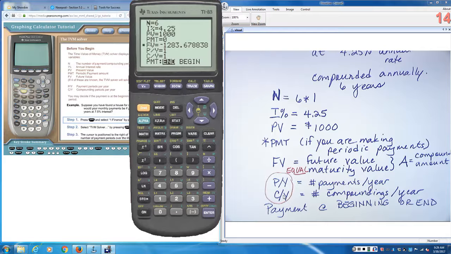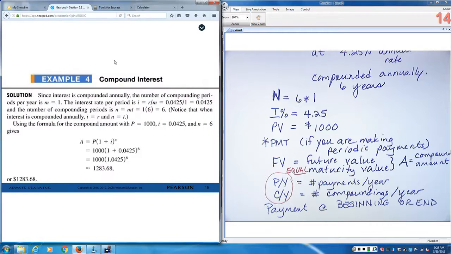Now, in this particular problem, that's not a really big deal because when we actually did the problem on Nearpod, it wasn't a big deal to substitute in those numbers. But the problems we're going to have for annuities and annuities due and mortgages and that kind of thing are a little bit more involved, and the calculations are a little bit tougher.